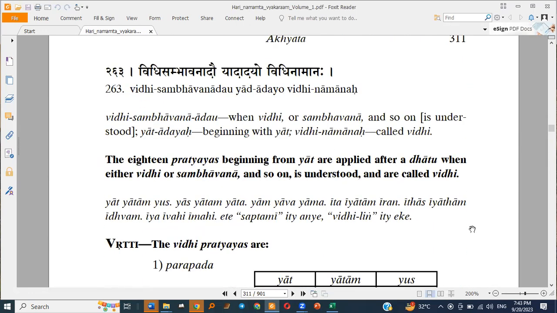Then, vidhi sambhavanadau yadadayo vidhi namana. The 18 pratyayas beginning from yat are applied after dhatu when either vidhi or sambhavana and so on is understood, and are called vidhi.